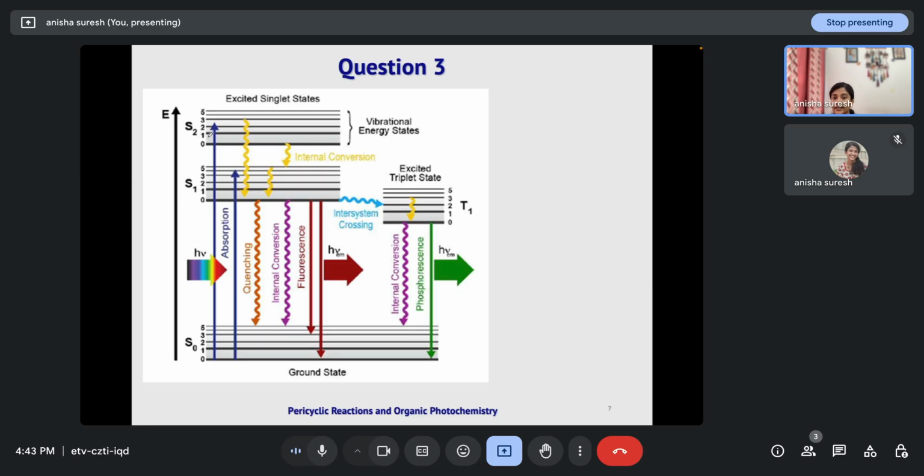That is the absorption, indicated by this dark blue line. Then from S2 it can come to the S1 level by a non-radiative pathway. This is known as internal conversion. And from a higher vibrational level of S1 to a lower vibrational level, this is known as vibrational relaxation.